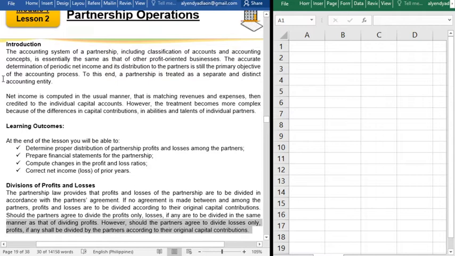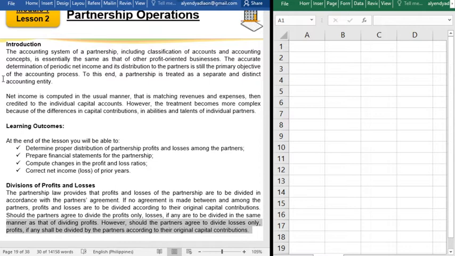However, should the partners agree to divide losses only, profits, if any, shall be divided by the partners according to their original capital contributions. Okay? So, for example, if the partners are too pessimistic and think that they will only be incurring losses, they only provide for the division of losses.